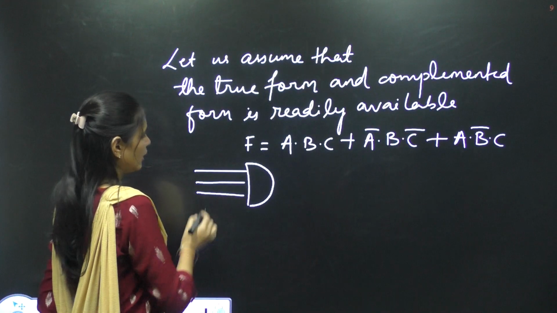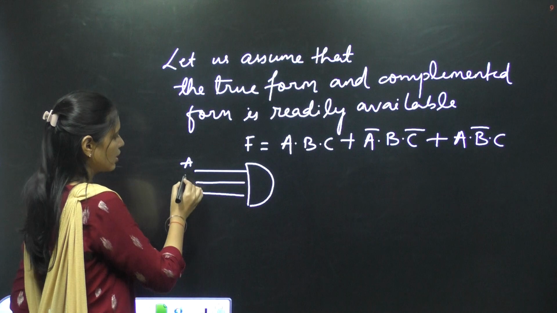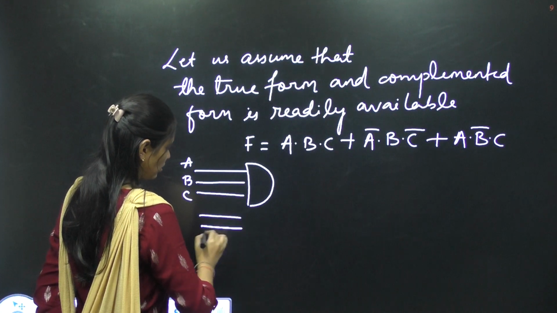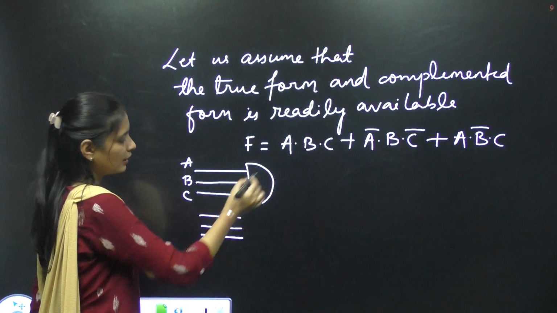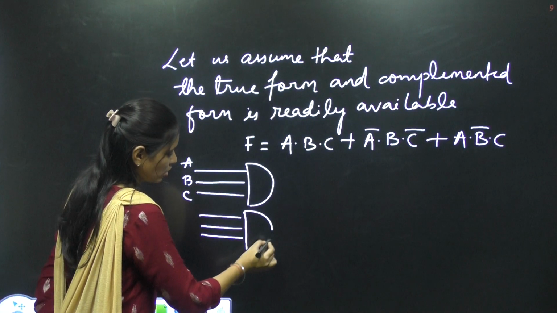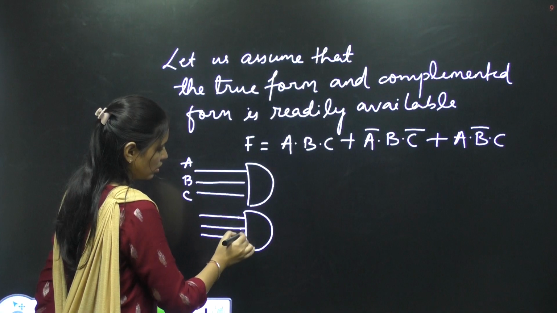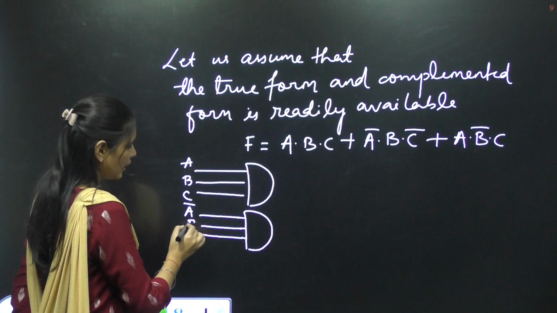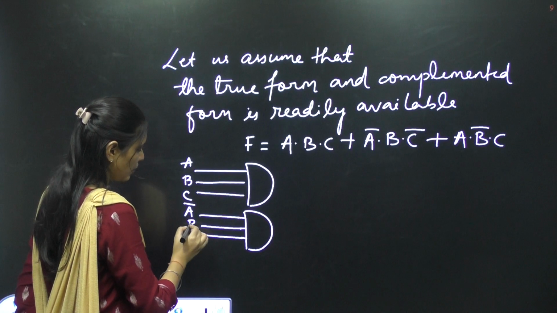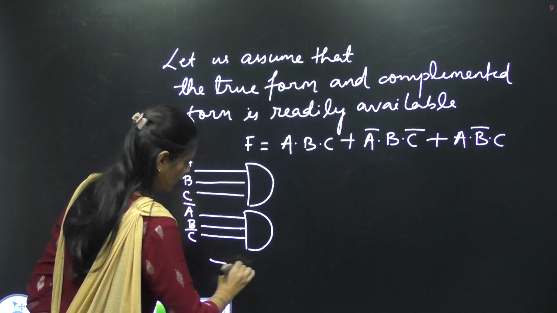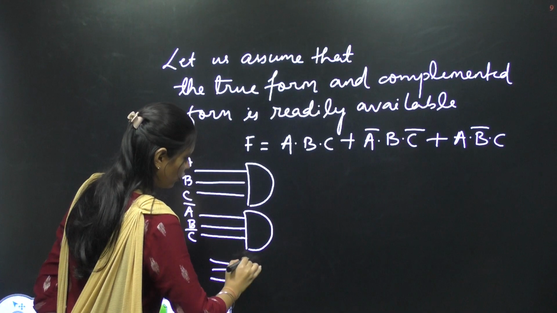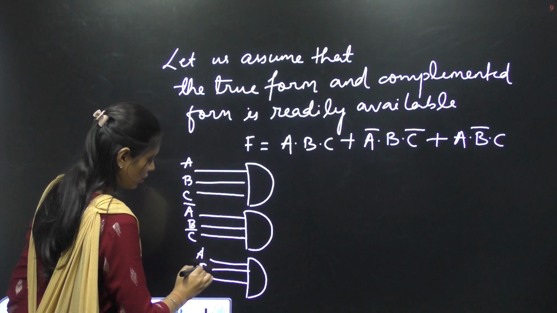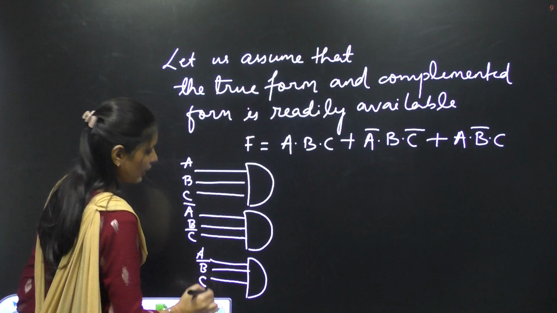The first AND gate will comprise the variables a, b and c. The second AND gate will comprise a bar, b and c bar, and the third AND gate will comprise a, b bar and c.